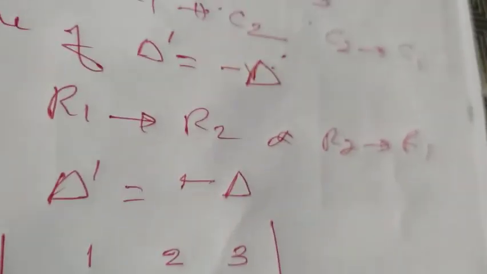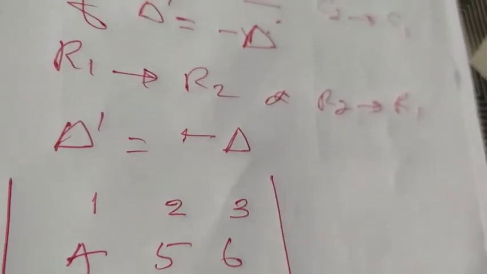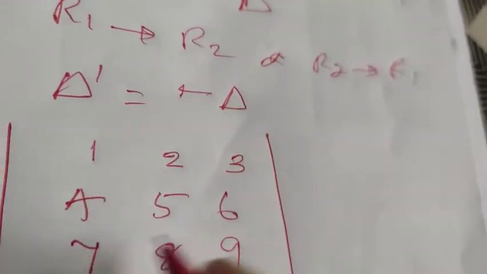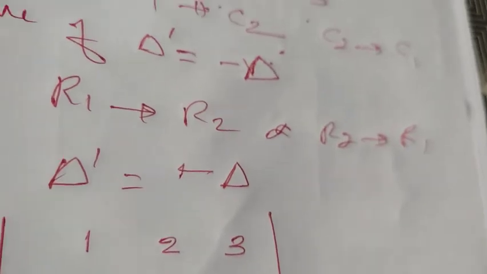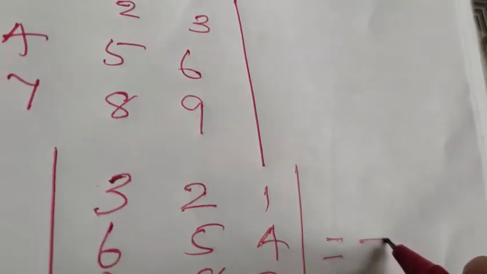We are interchanging C1 and C3, that is 3, 6, 9. 2, 5, 8 remain the same, and here 1, 4, 7. Its value will be equal to minus of delta, minus the value of this.